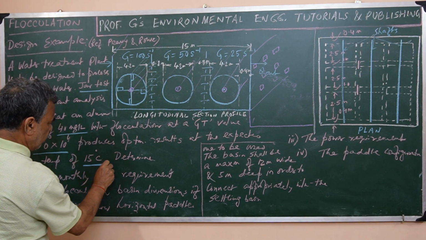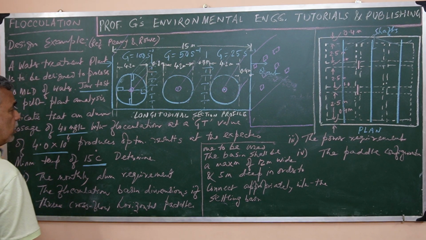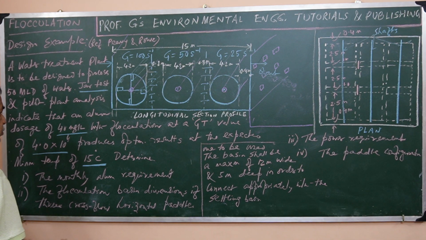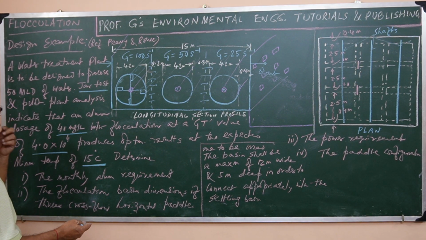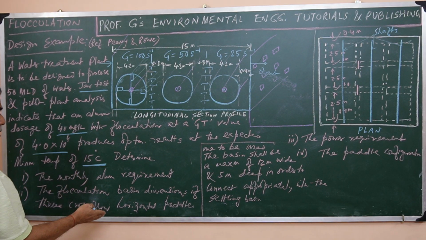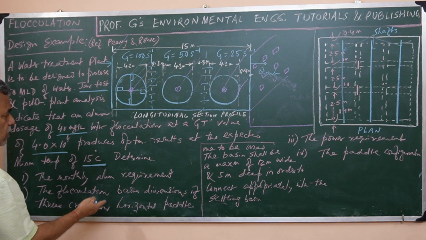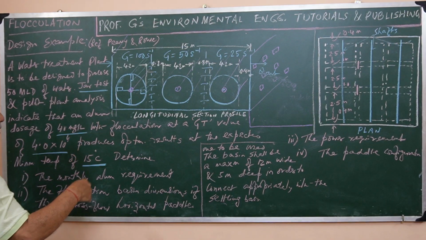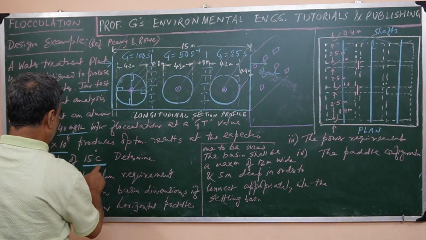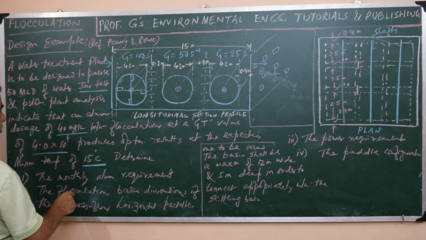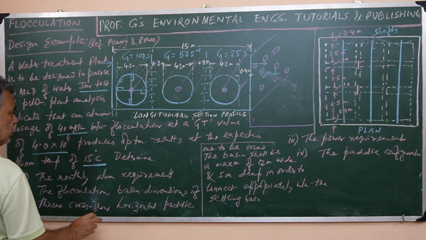I told you that we should design with the minimum temperature, because that gives the maximum value of viscosity. As you know, when the temperature decreases, the viscosity or density increases also.